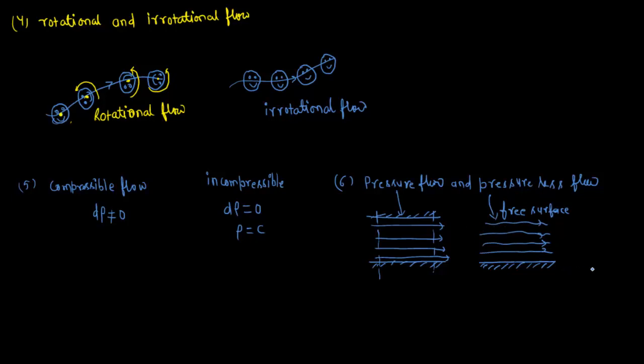Or if there is a pipe that is not completely filled with the fluid, but partially filled, then there is also a free surface over here, and this type of flow is also defined as pressureless flow. Okay, so when there is no free surface, the flow is pressure flow, and when there is a free surface, the flow is pressureless flow.